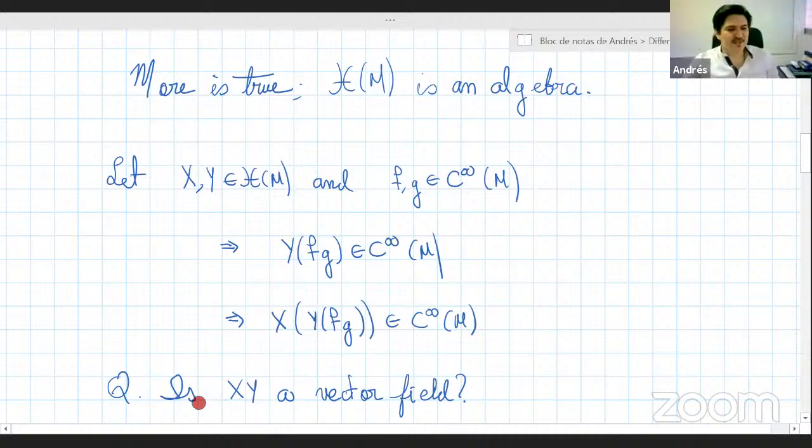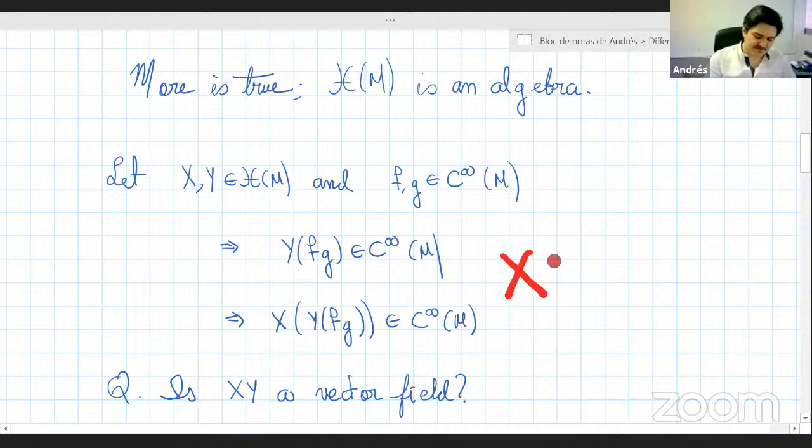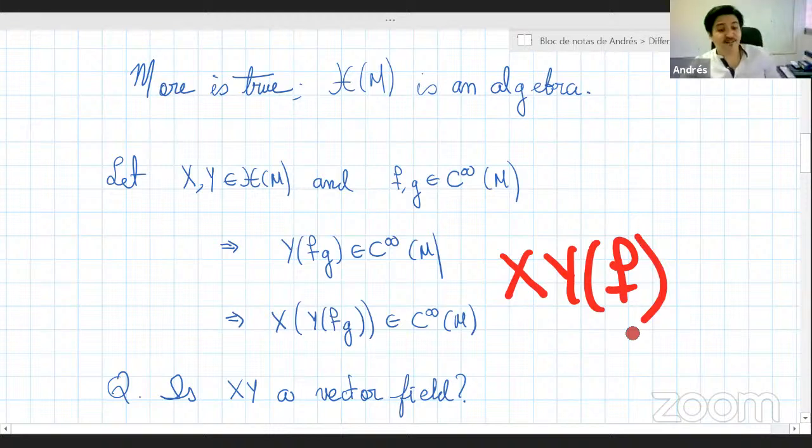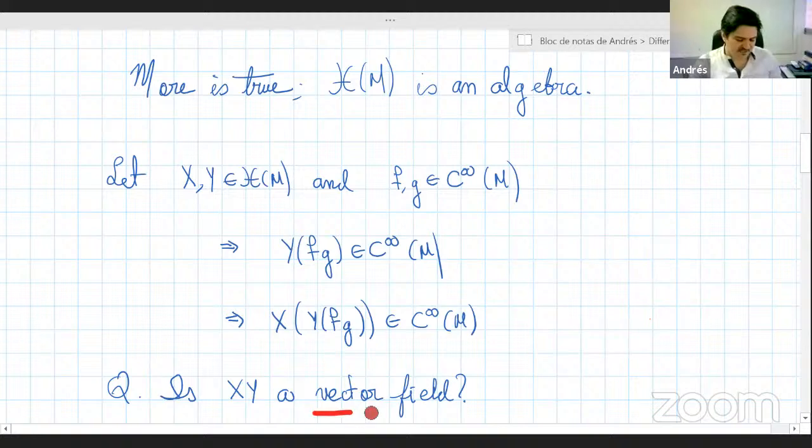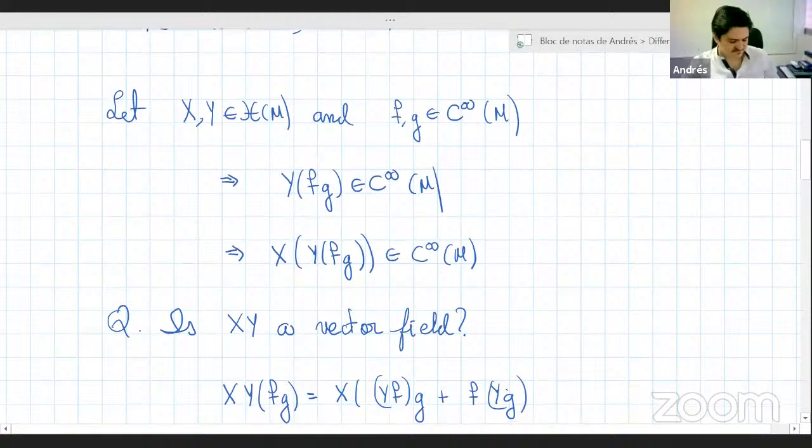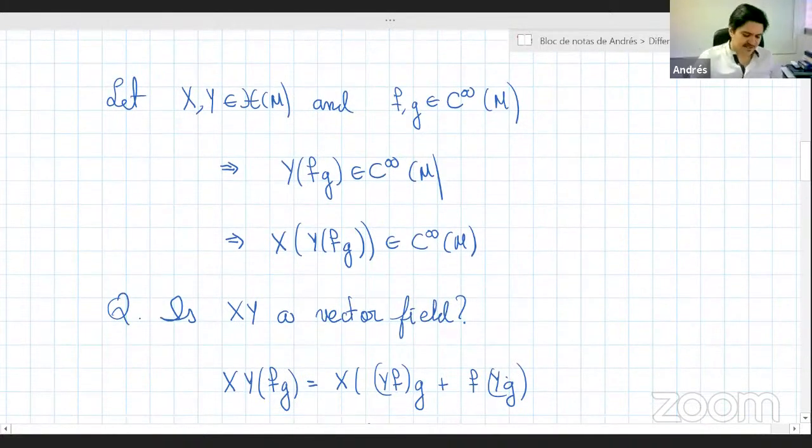And what do I mean by a product? I mean something like this. This is a function. But we would like to know if it's a vector field. Right? So I have this.